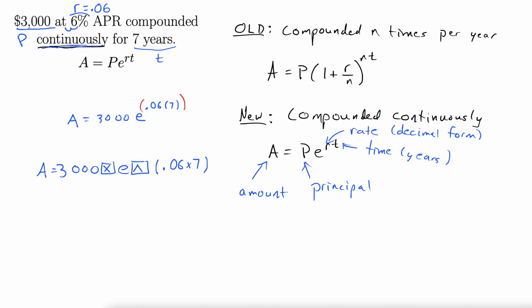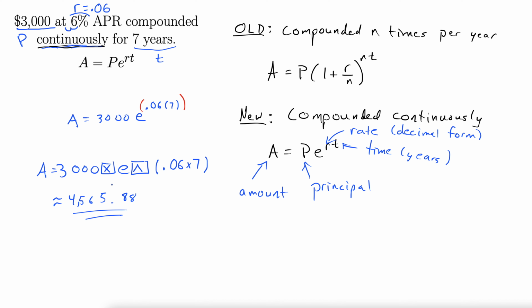All right, put that all into a calculator, see what we get. We get about $4,565.88. Okay, there we go.